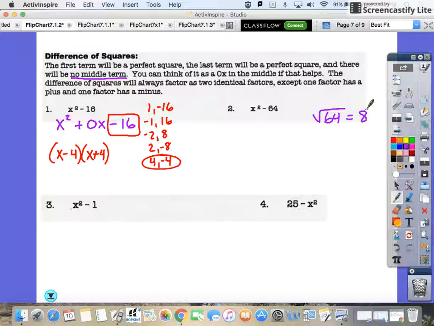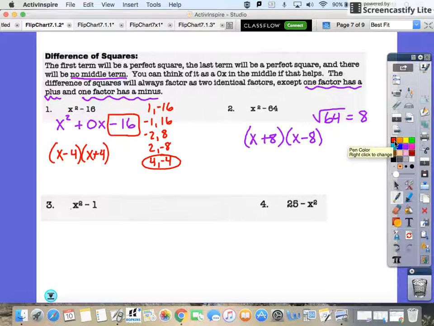Well, that's 8. And it says one factor has a plus, one factor has a minus. So it's x plus 8, x minus 8. If we move to this one, the square root of 1 is 1. And we say x plus 1, x minus 1.